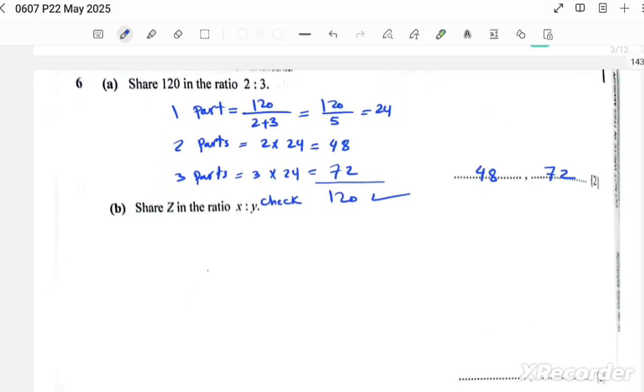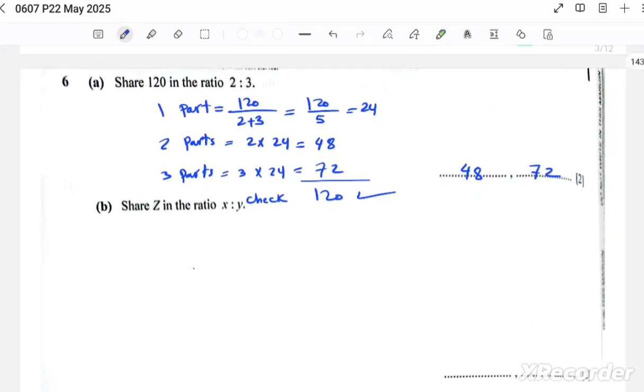Next question. Next part. Actually, it's similar. We will apply the same rule, but now instead of saying 2, 3, we will talk about x and y. So let's apply the same. So one part is z, which is the total, divided by x plus y.